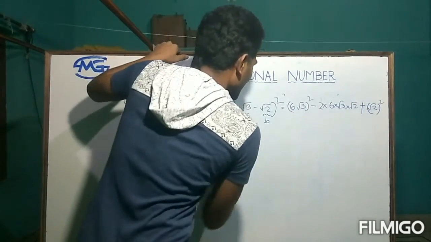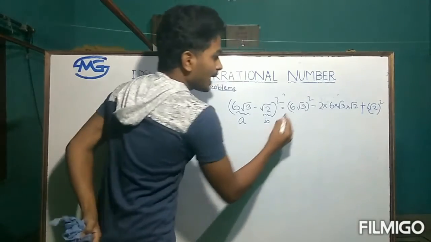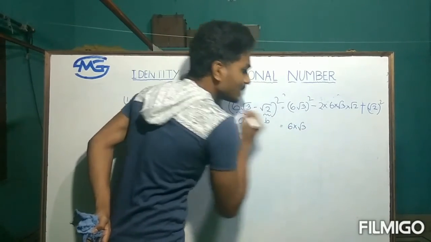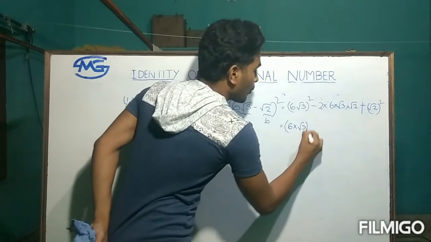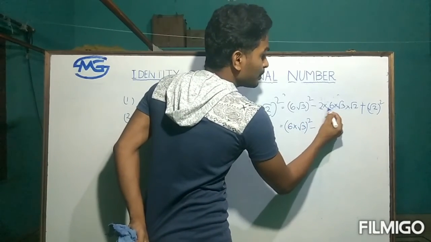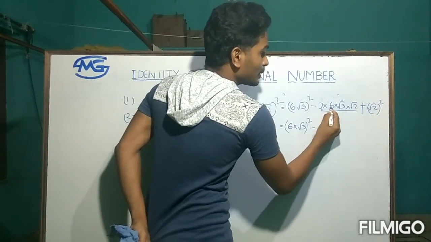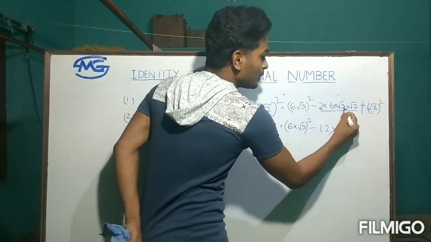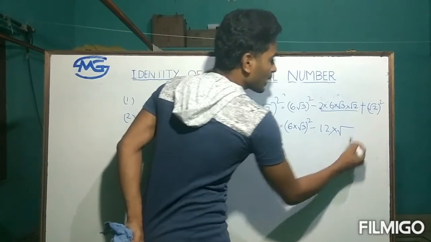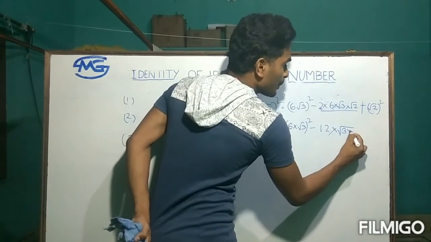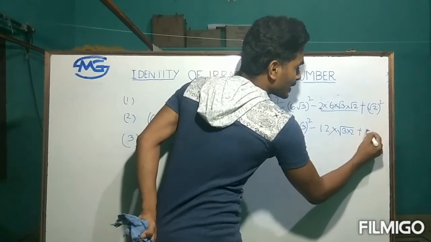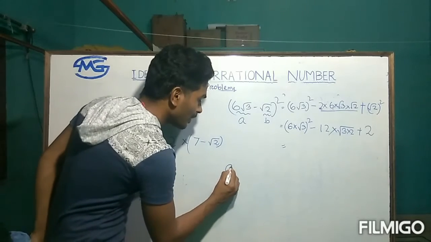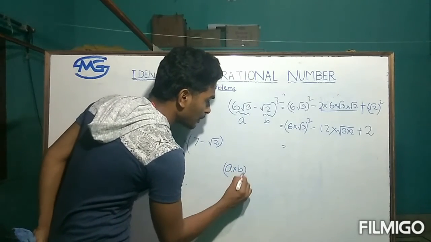Okay. Then in the next step, as we know, 6 root 3 can be written as 6 into root 3. Yes or no? Whole square, minus. Here we have two rational numbers, so they can be multiplied to give 12, into the two irrational numbers, so it will be 12 into root of 3 into 2, plus root 2 square is how much? 2. Now, as you know, (A into B) square is how much?